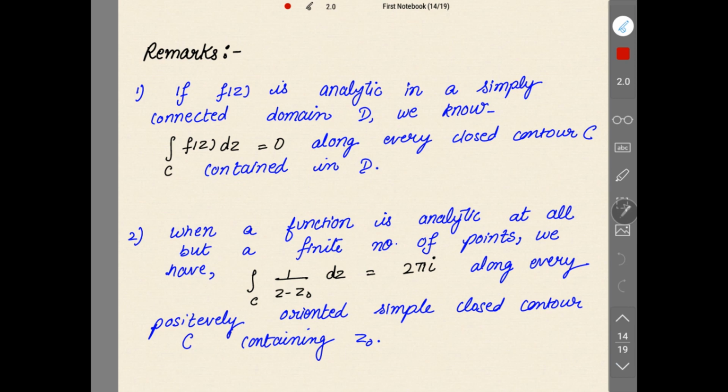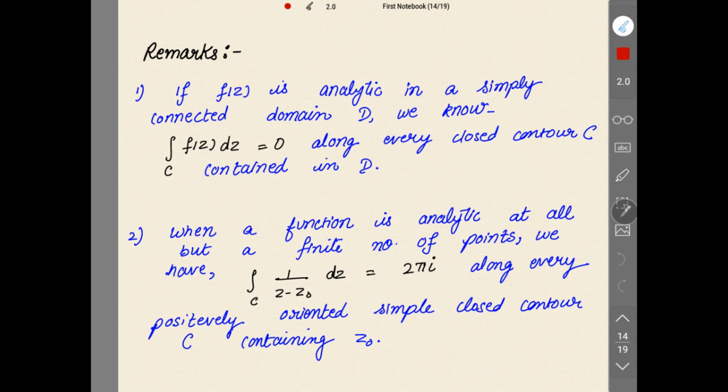Alright, now some of the remarks. The first one is, if f(z) is analytic in a simply connected domain D, we know that the integral over C of f(z) dz is 0 along every closed contour C contained in D. So whenever you have a function that is analytic in a simply connected domain D, then the integral over that function is 0.